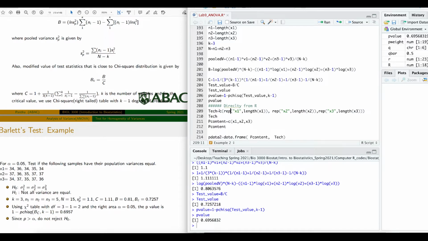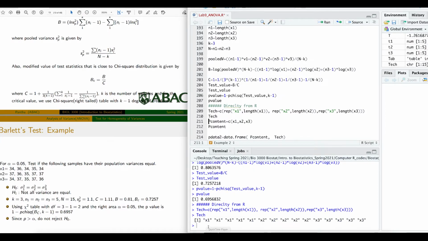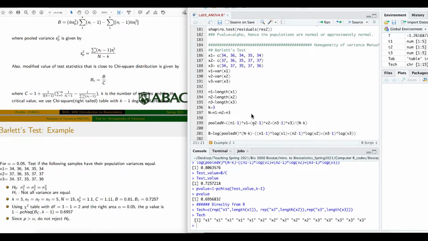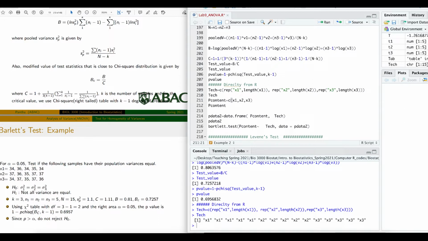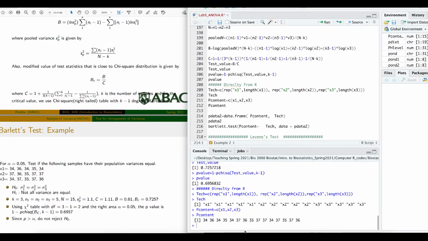What I'm doing here is writing how many numbers there are in x1. There are 5, so I'm writing x1 5 times, then x2 5 times, and x3 5 times. Then I am writing these values into a single column, combining them: these 5 are from the first group x1, these 5 are from the second, x2, and these 5 are from x3.